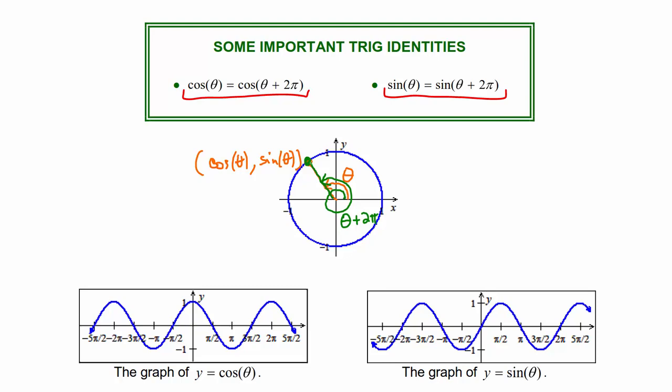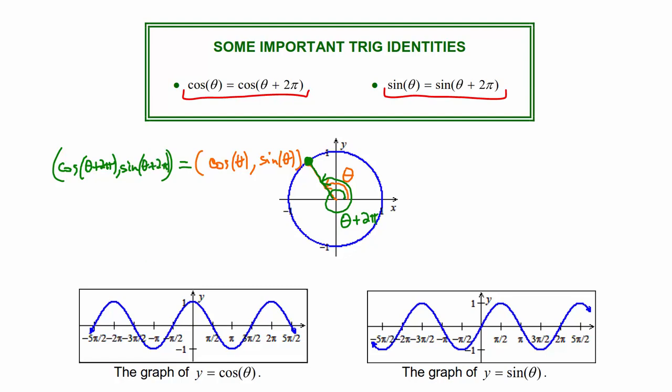So it has the same point on the circumference that it specifies, and therefore the coordinates of that point are cosine theta plus 2 pi, comma, sine theta plus 2 pi.